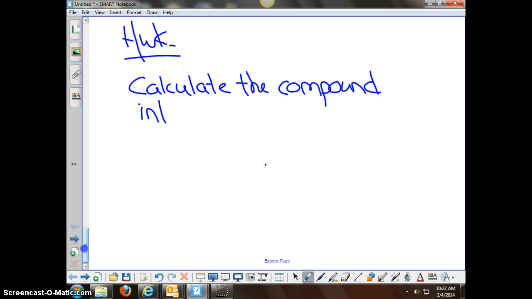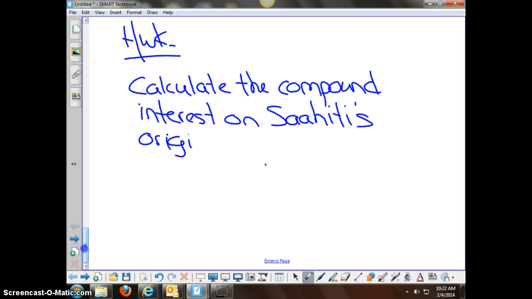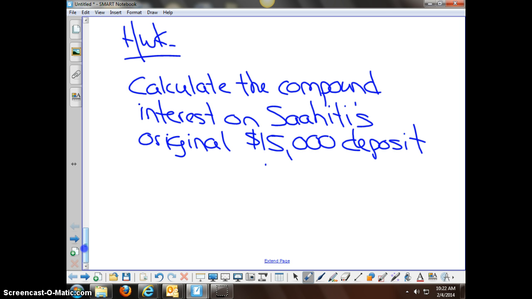Calculate the compound interest on Saahit's original $15,000 deposit at, what did we say, 5%? At 5% over, how many years did she put that money in there? 6? Yeah. Over 6 years.